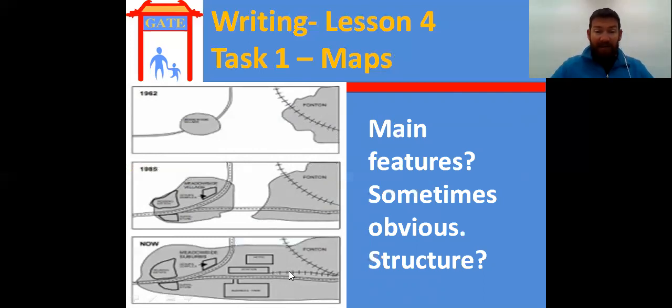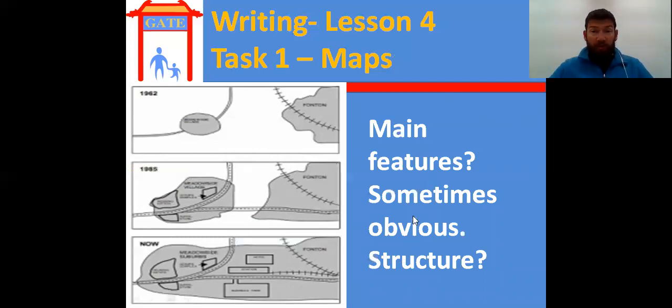So we can see here they have added a train line. So that's what you would be doing for this one. You would be saying, oh, this village has changed by growing larger and also developing its facilities and transport. That would be your main feature paragraph, saying something like that.